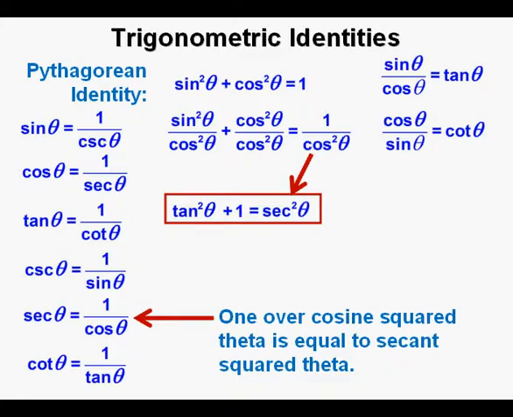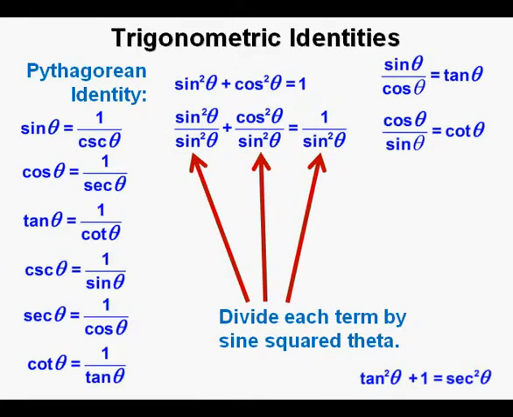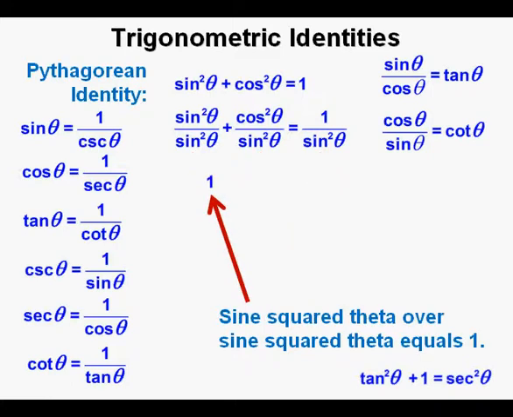Now we're going to place this newly created identity at the lower right and work on our last identity in this lesson. To create our last identity, we divided everything in the Pythagorean identity by cosine squared theta. Now let's divide everything by sine squared theta. Sine squared theta over sine squared theta cancel to equal 1.